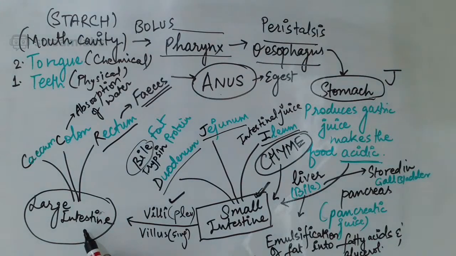The large intestine is responsible for the production of energy from the absorbed food in the form of glucose, and glucose is converted into fat and is stored in the adipose tissues.